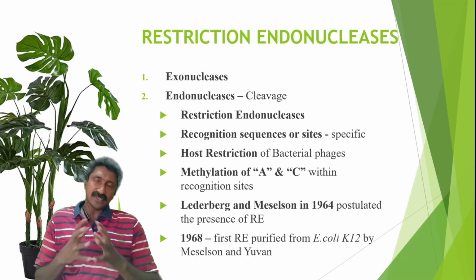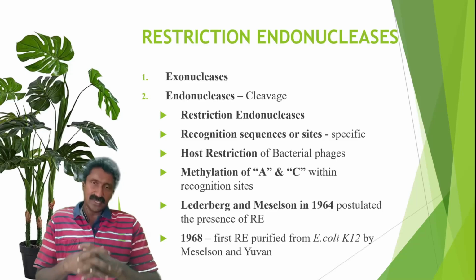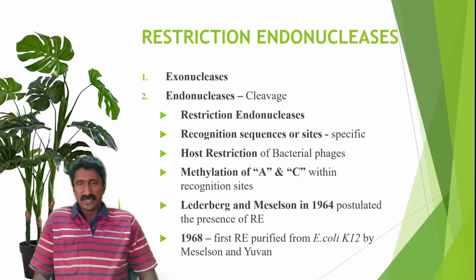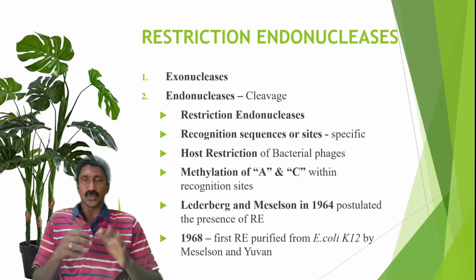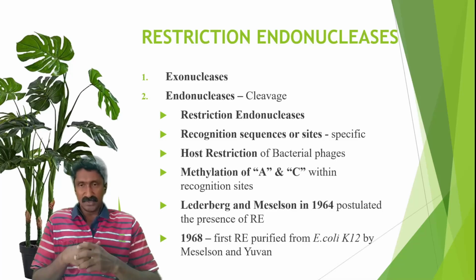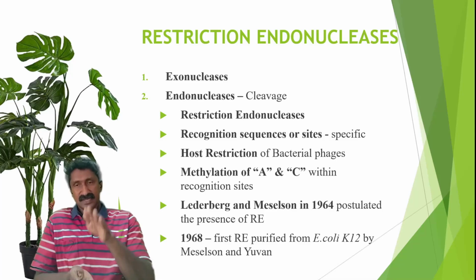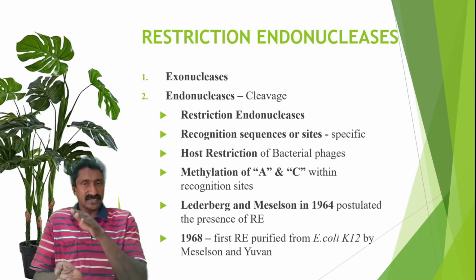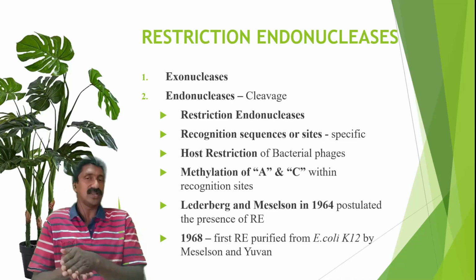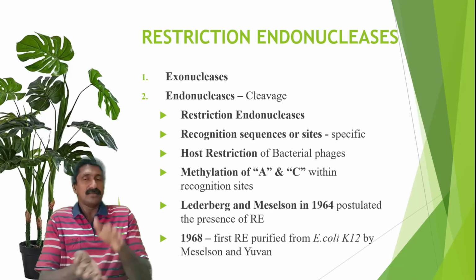So every bacterial cell will methylate its own DNA after some time of its production, and now the methylated DNA will be accepted by the host cell as its own DNA, or self DNA, because the methylation pattern applied to the restriction sites in the newly replicated DNA is applied by the same cell.